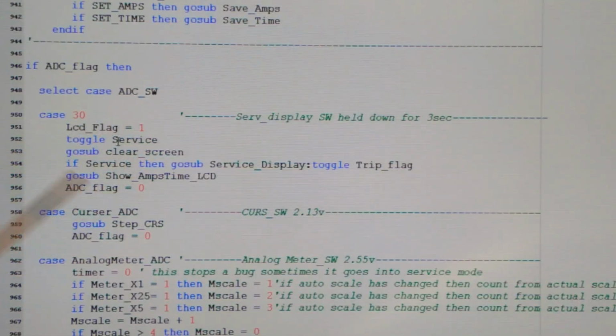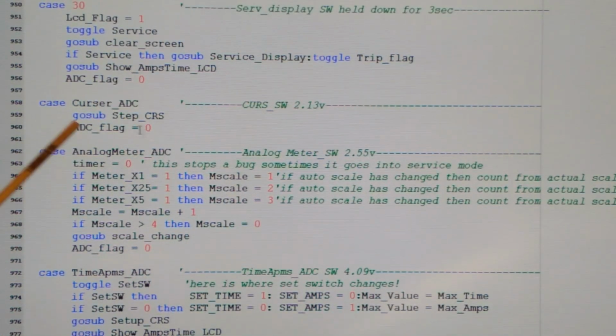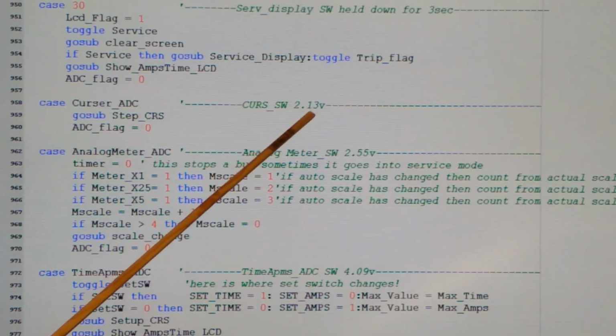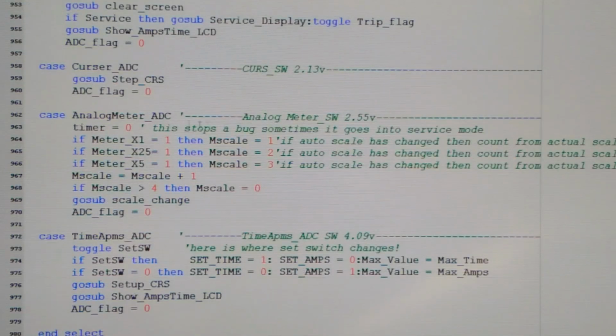And you do this section, which means service. It means it's going to display your internal values, and it does your code there. And if it was the cursor switch, it moves your cursor, goes up, step cursor. That means the switch was 2.1-something volts.